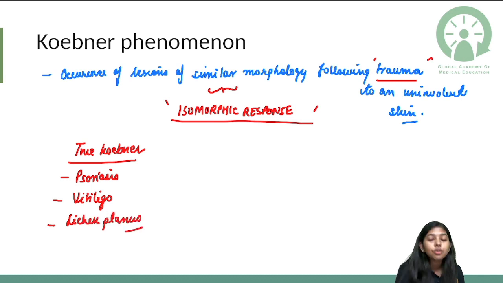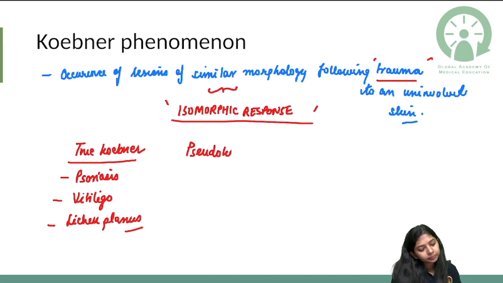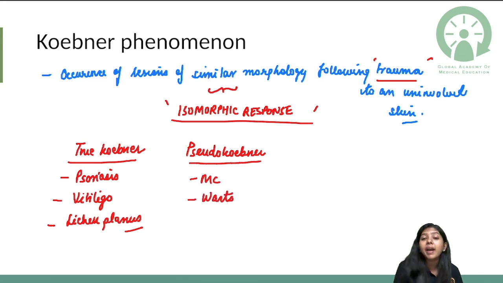Pseudo-Koebner phenomenon you have in molluscum contagiosum and warts. Both of them are viral infections, and it is because of inoculation of the organism because of trauma. It gets transferred from that site to a nearby site. So that is why you get new lesions. It's not because of trauma that is leading to new lesions of MC or warts. So you call it pseudo-Koebner phenomenon.